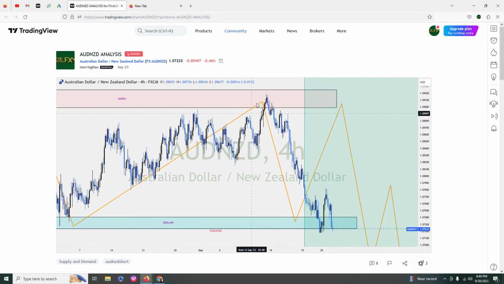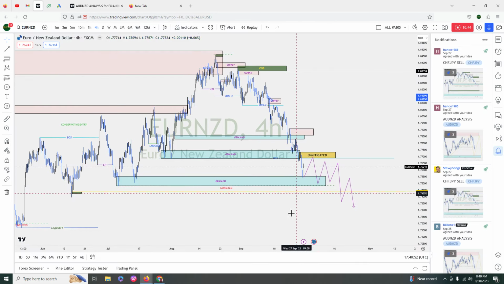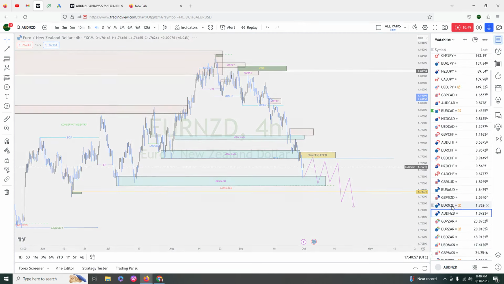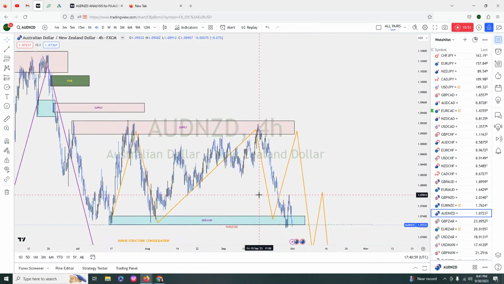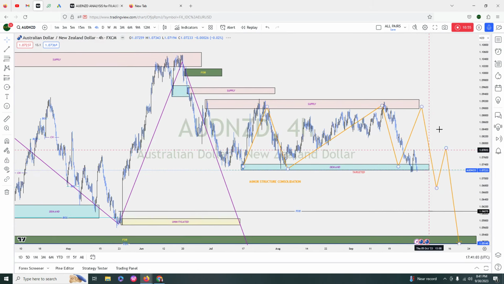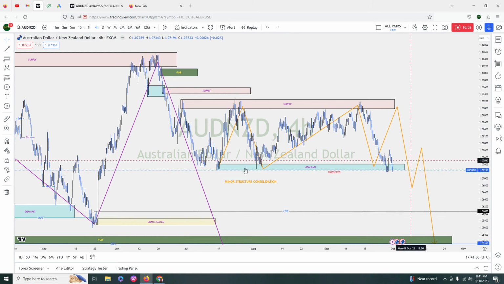Exactly as predicted, it came back to this level. Now, I am not saying it will react and go upwards. I have no idea. But if it decides to break, of which I think it will break, it will come back, and let me just go with the chart instead. Here we are. I think in the coming weeks or days, we are likely to see this segment be replayed.